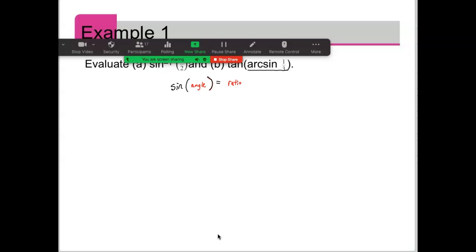So sine is always opposite over hypotenuse. Now, when we take inverse sine, it switches that, right? So when I'm thinking about inverse sine or arcsine, I input a ratio and my output is an angle.